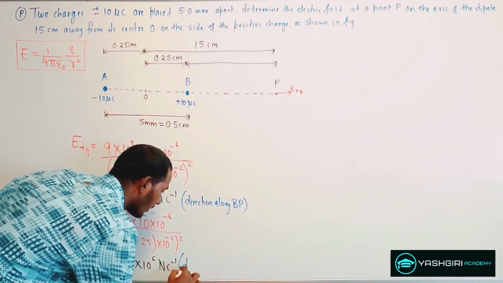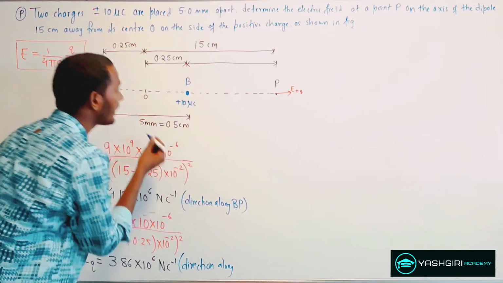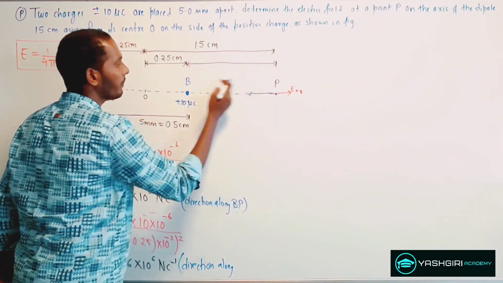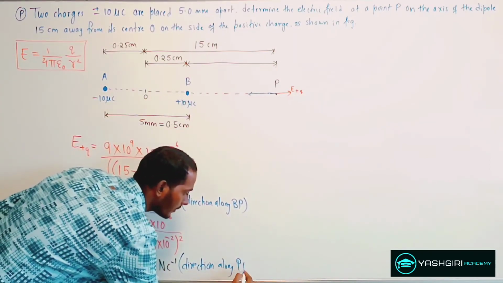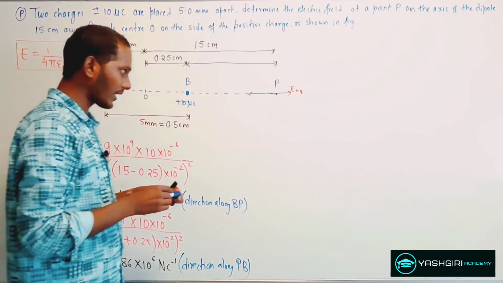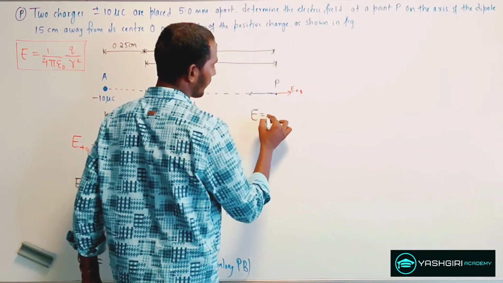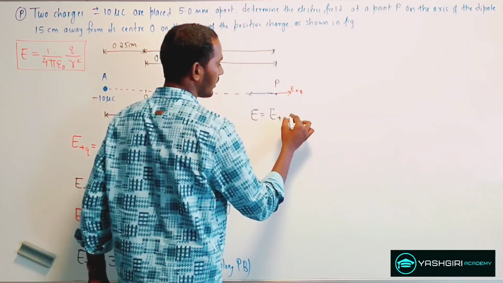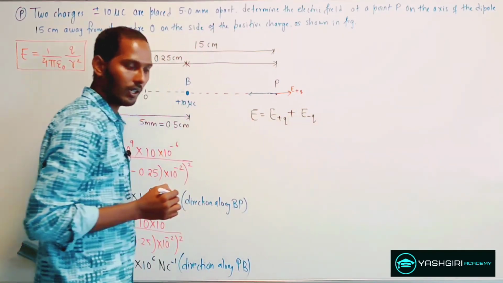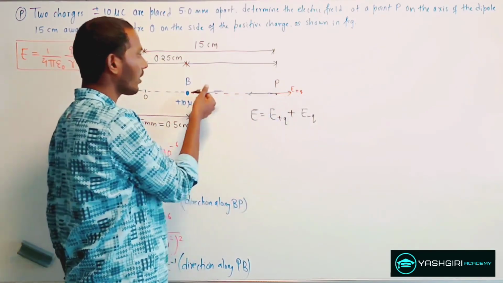And here the direction will be along PB, because this is the negative charge, so it will point inward. Now it's easy, you just add these, because I'm interested in the net electric field. So the net electric field will be equal to E due to the plus Q and due to the minus Q. Now if you see the directions, one is along BP and the other one is along PB.